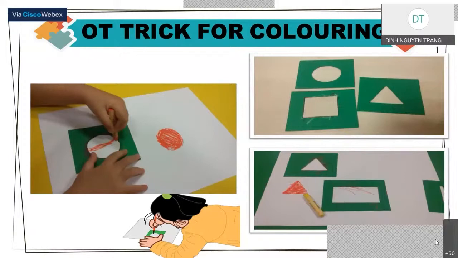Sometimes we can use it with some plate together with the color. So it's using a lot of medium, right? For coloring activities. Does it include brush and watercolor? Okay, that's good. That is one of the good strategies for teaching coloring skills.